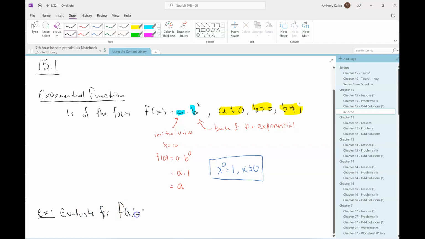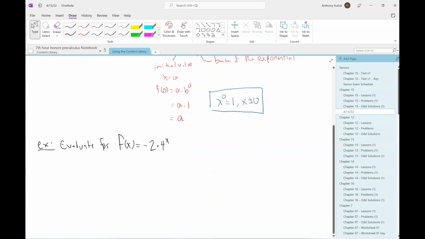So let's just do some basic easy review. Let's say we want to evaluate for the function f of x equals -2 times 4 to the x, some things like f of 2. So the first thing I want to ask you: -2 times 4 to the x, can I write that as -8 to the x?